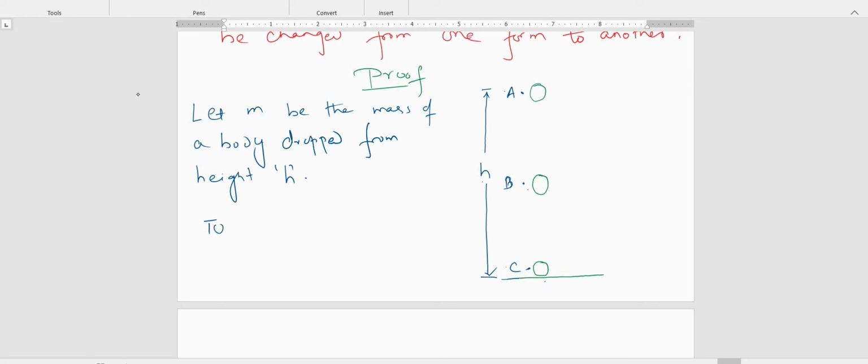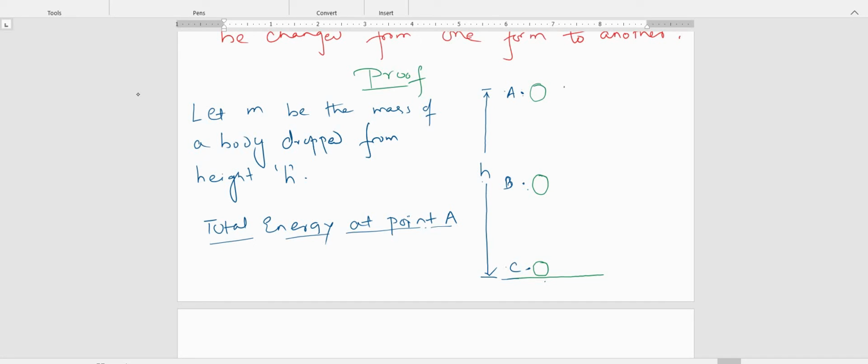So total energy means kinetic plus potential energy, total energy at point A. How can you calculate the total energy at point A? What is the kinetic energy here? Because this ball is at rest, here velocity is 0, isn't it? At point A I have not dropped the ball, so initial velocity is 0.